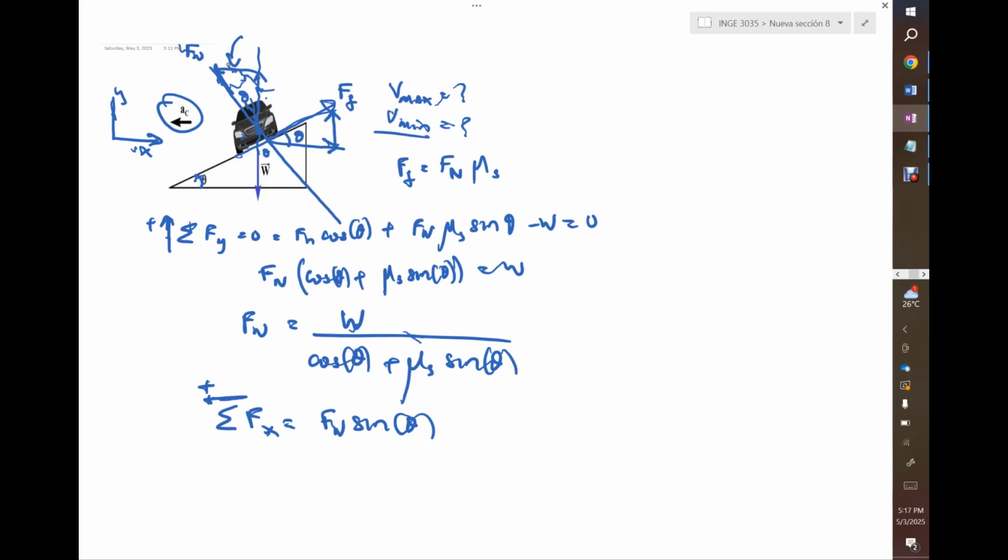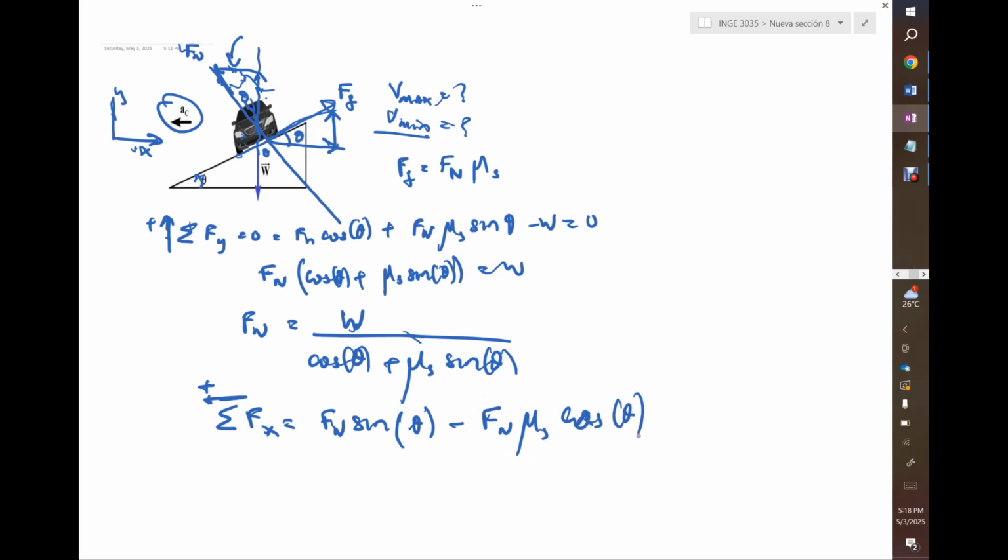And what we have is this force on x, that means minus Fn mu s, because that's the friction force, times cosine of theta.